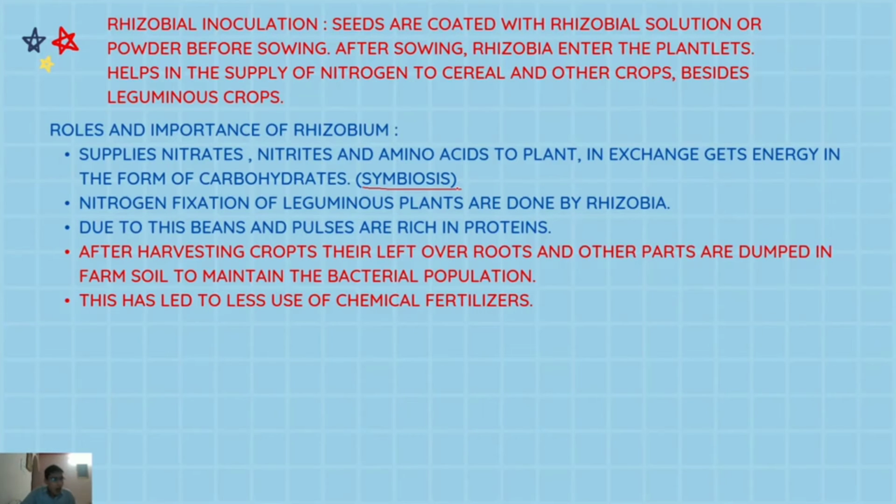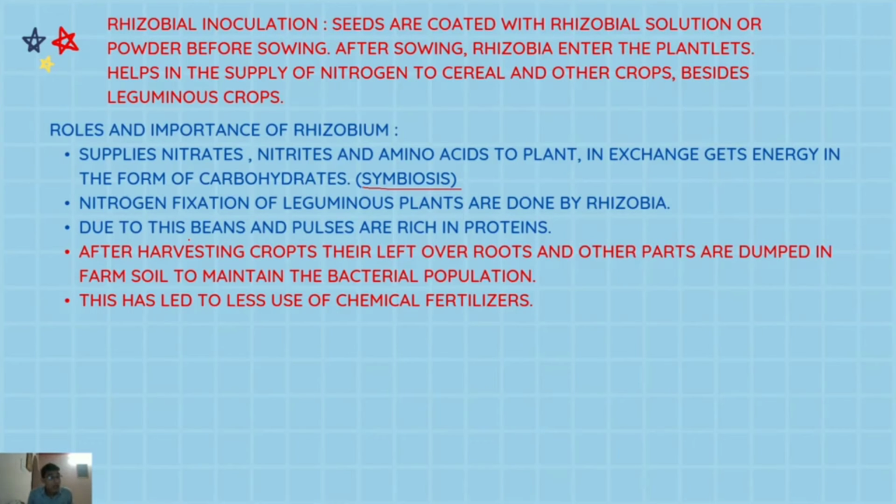Now, another role: nitrogen fixation of leguminous plants is done by rhizobia. Leguminous plants like sweet pea and soya bean need nitrogen for their growth, and this nitrogen fixation in the soil is done by the rhizobia bacteria.